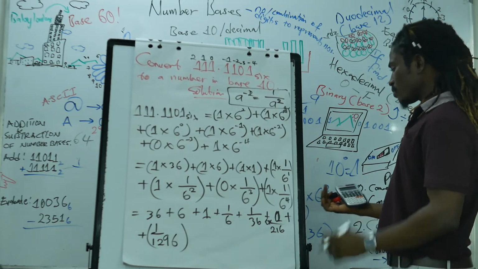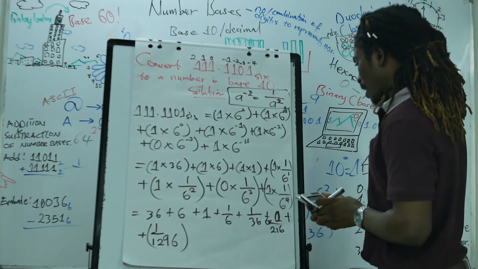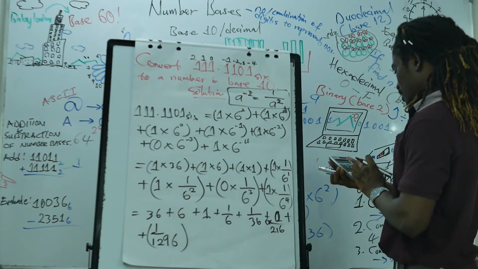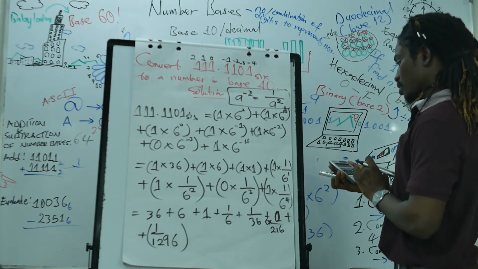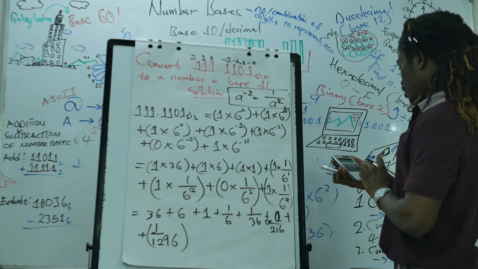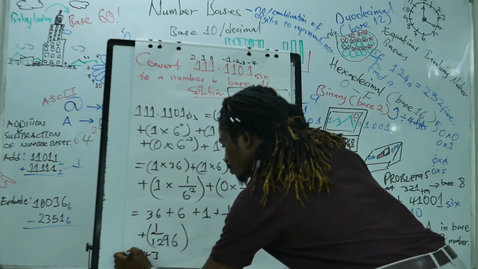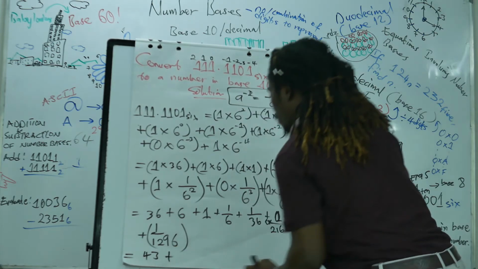Okay, so now let's add the whole number ones first. We have 36 plus 6 plus 1. We have 43. So this is all equal to 43 plus.